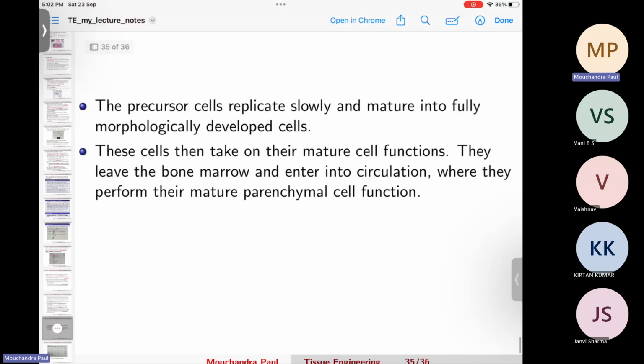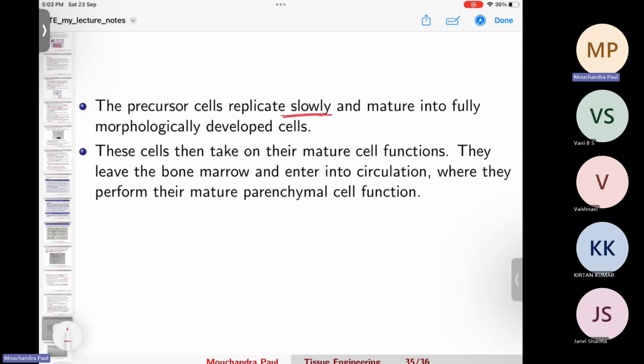Now these precursor cells, again the rate of replication becomes slow, and these precursor cells are now ready to become the differentiated cells with all the necessary morphological features of the differentiated cells.